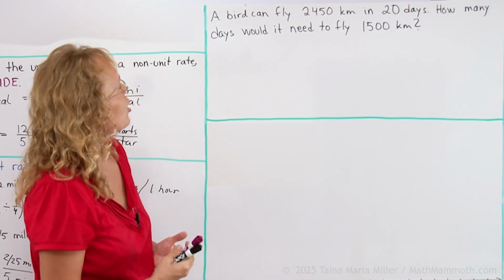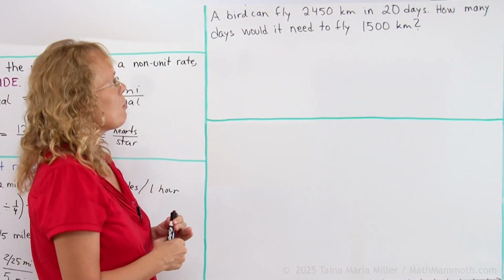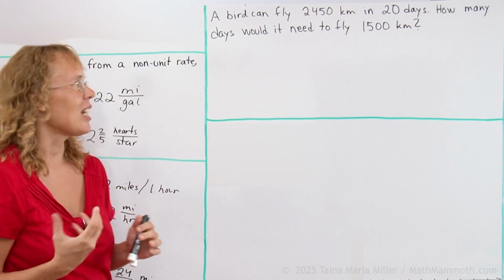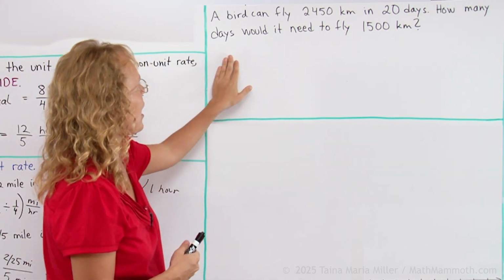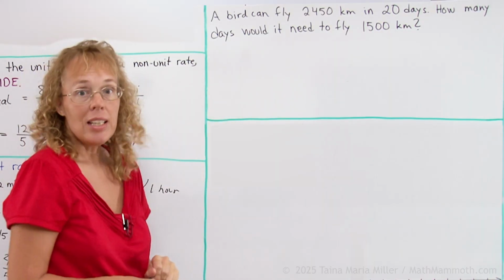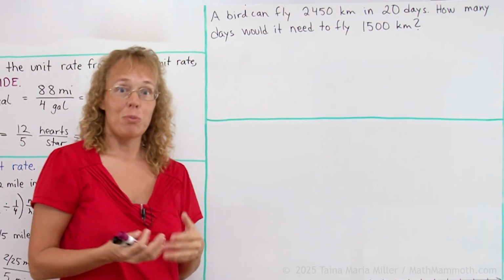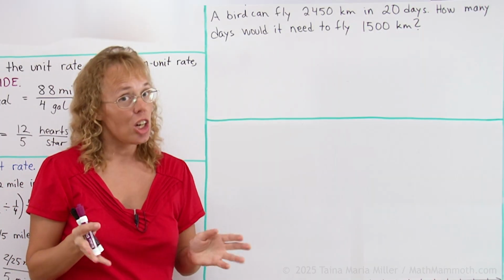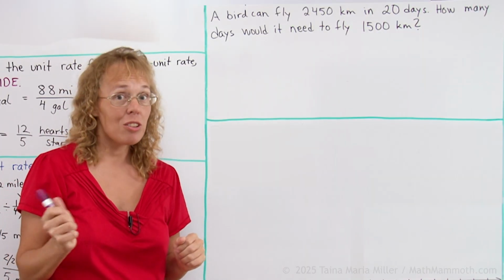A bird can fly 2,450 kilometers in 20 days. I hope this is a reasonable amount. I didn't actually check. Now, how many days would it need to fly 1,500 kilometers? This is a typical problem where we would use a proportion. But today I'm going to solve it not using a proportion, but using a unit rate.